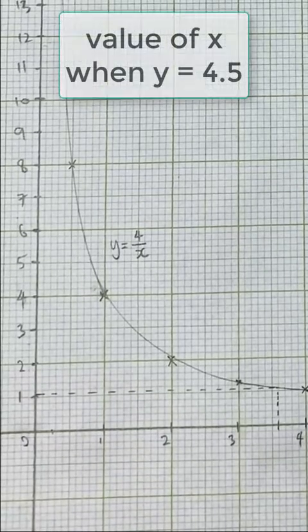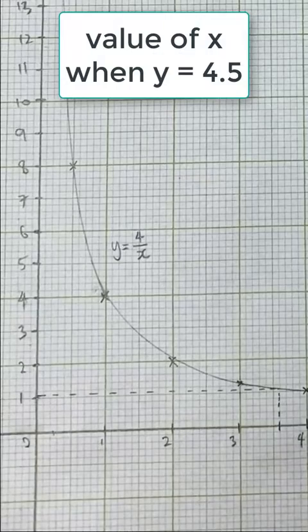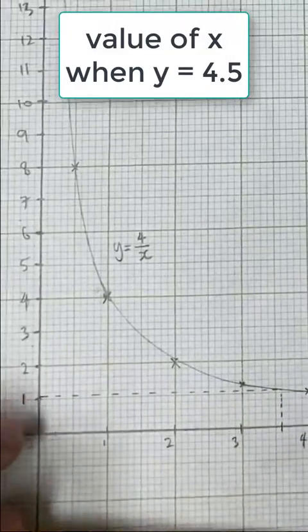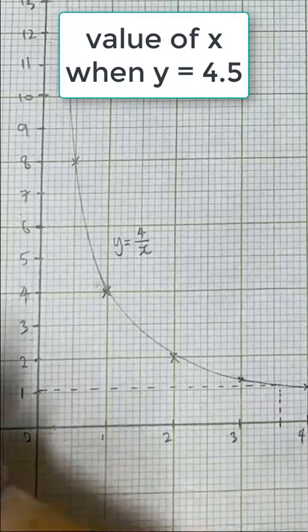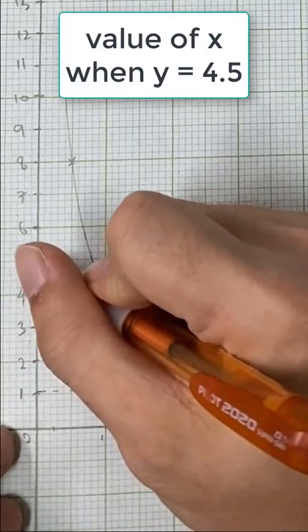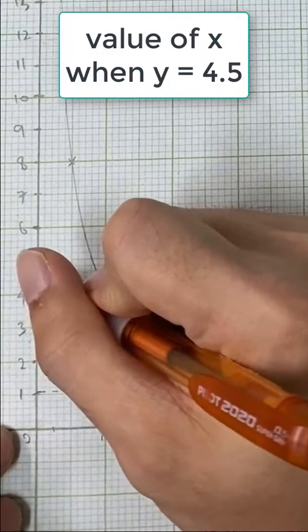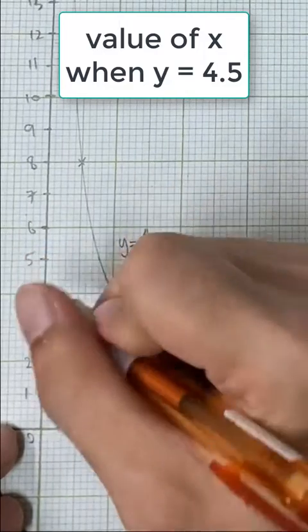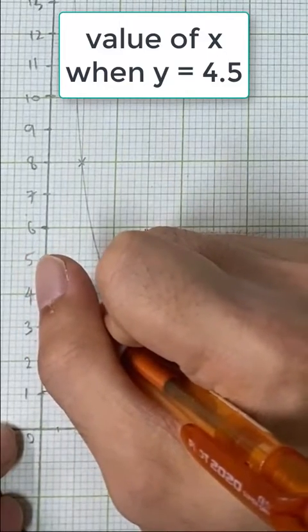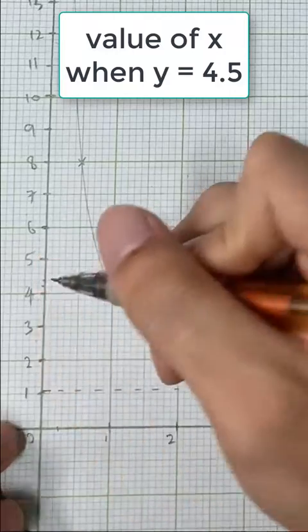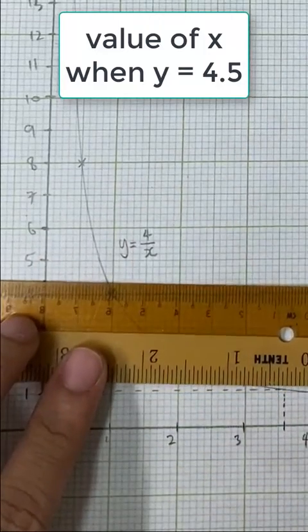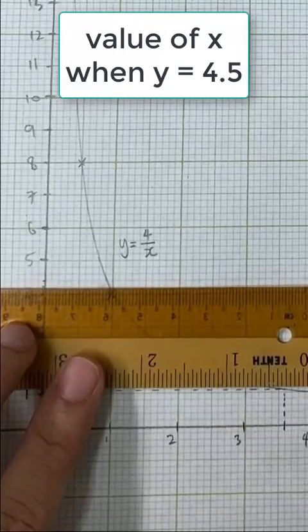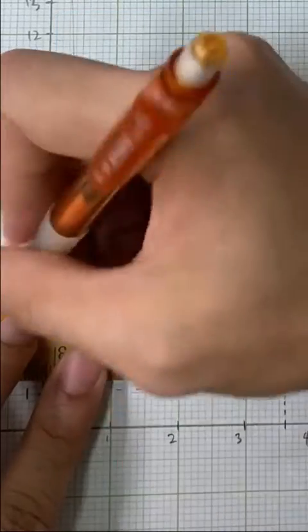So now we look at the value of x when y equals to 4.5, which we will look at the y-axis. Okay, again 4.5 is not found on any of the squares because every increase is 0.2, so it's 4.2, 4.4. So 4.5 will be between 4.4 and 4.6. It's the midpoint, it's in between.